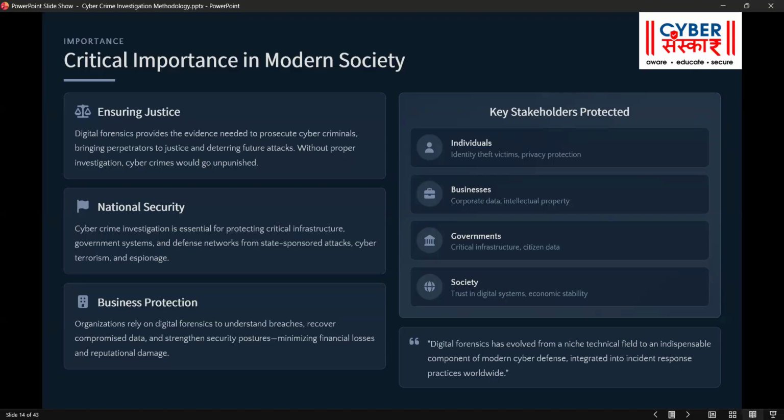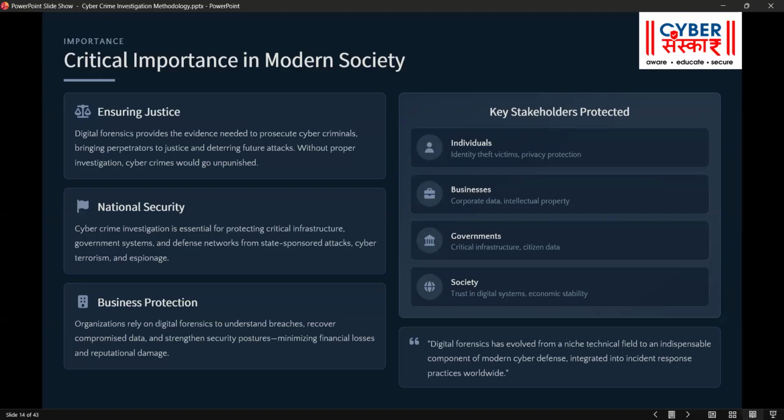investigation, provides the evidence needed to prosecute cyber criminals. Look, cyber evidence, what I personally know, is very difficult to change. Otherwise, the investigating authorities come to know that the accused person has made some changes in the evidence.